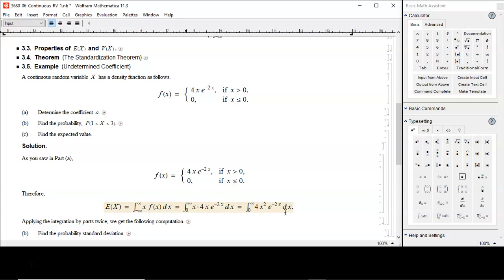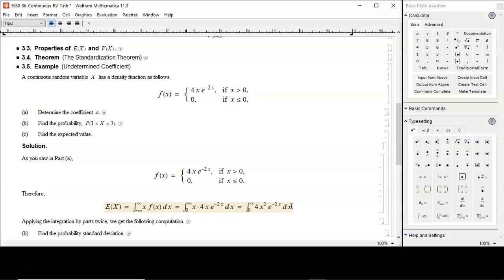So we have the integral of 4x squared. Oh, by the way, in case you're wondering why negative infinity to positive infinity became 0 to infinity, it's because when x is less than 0, we get 0. So that part you don't have to consider. 0 times something is 0, adding a bunch of 0s, that's 0. So you have the integral from 0 to infinity only.